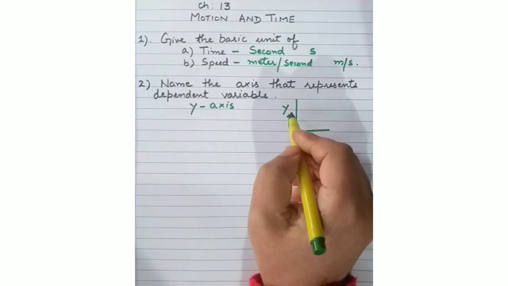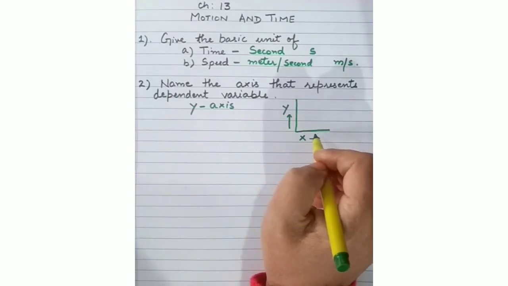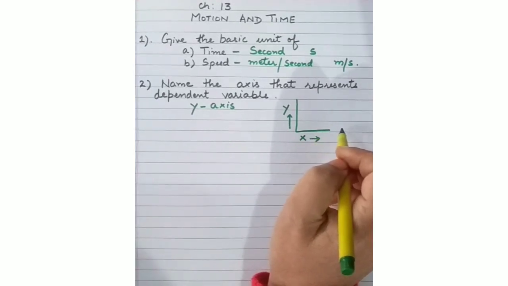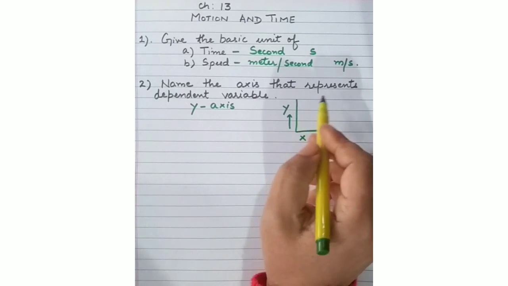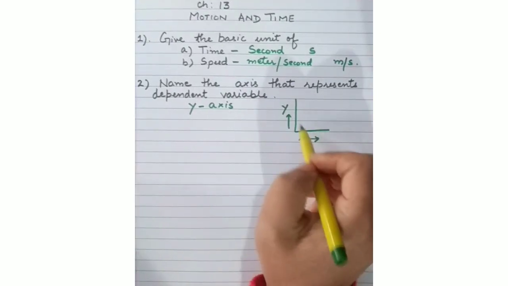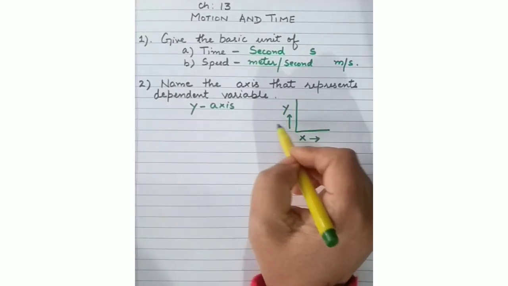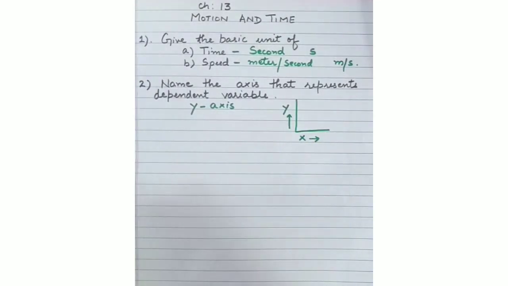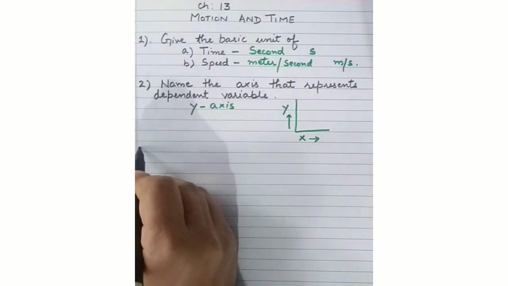Now the term which we take here, it depends upon the x-axis term. So name the axis that represents dependent variable. The y-axis represents the dependent variable. This is your very important second question.